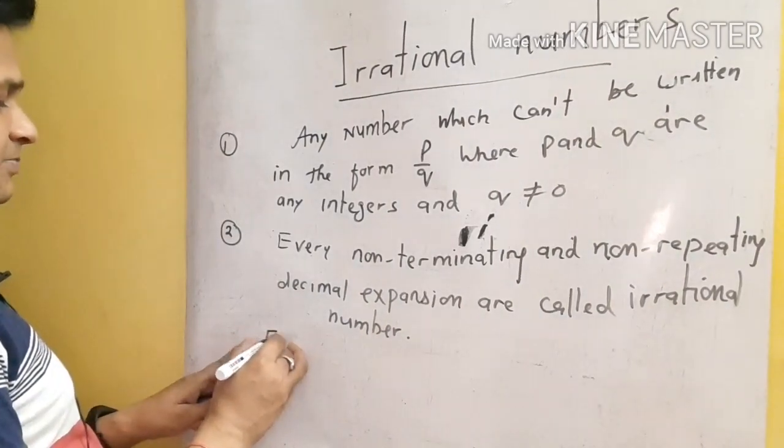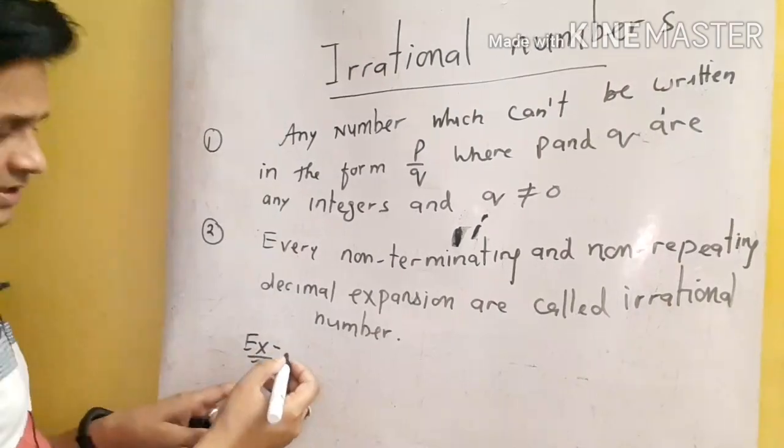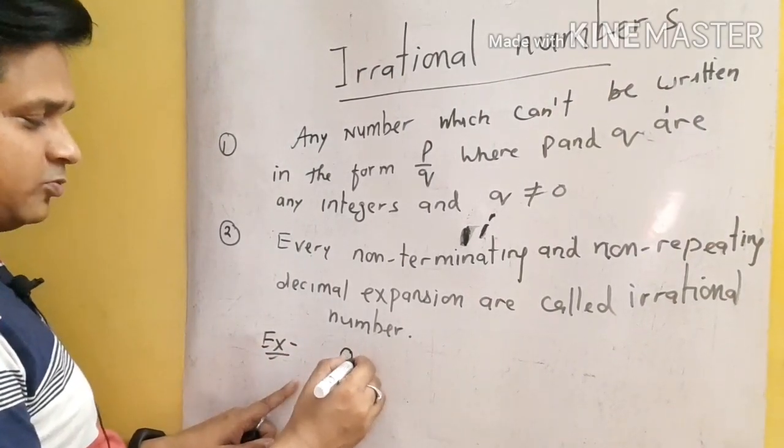I am taking one example, like 0.01001000100001. After 0.01 there is 001, then 0001, then 00001.